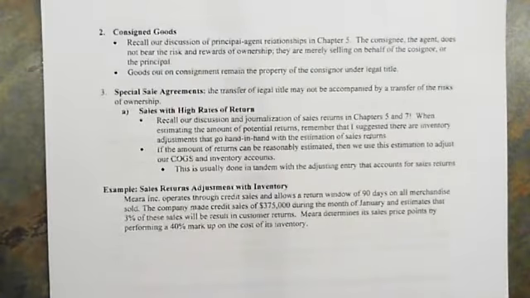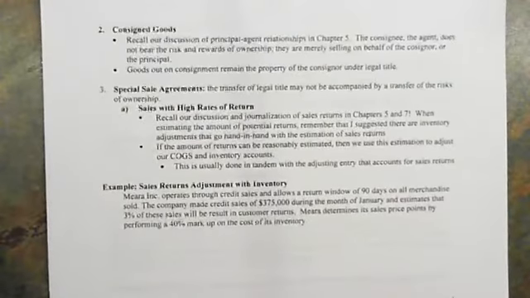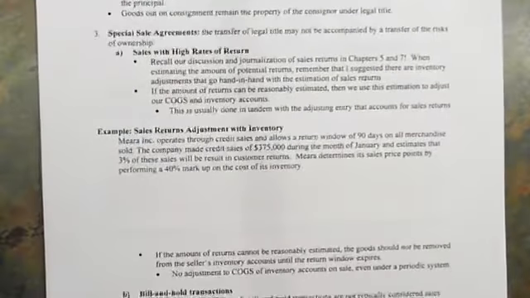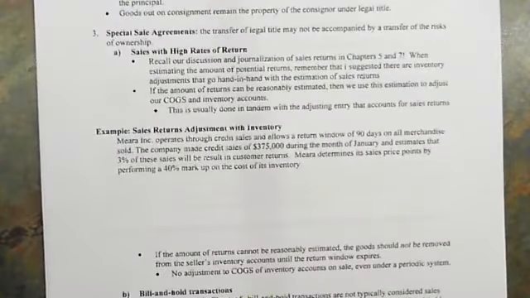And then you can have an arrangement where there's some sort of a special sale contract. For example, a sale with a right of return. We've already discussed this in Chapter 5 and 7. When we estimate those potential returns, there is an inventory adjustment that has to go hand in hand with the idea that we have estimated how many of these items are going to come back to us.